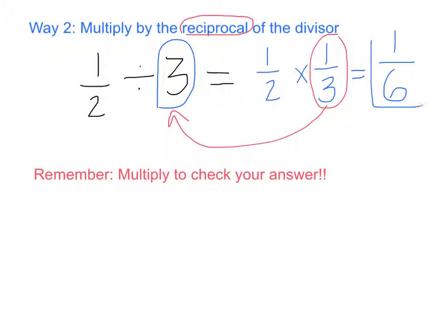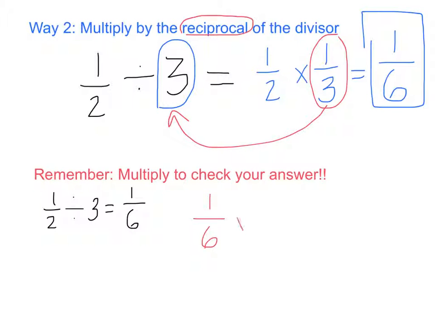Now, remember, it's important that we always multiply to check, because now we know that 1/2 divided by 3 is 1/6, right? That was the answer we got. What multiplication equation can I do to check to see if 1/2 divided by 3 really equals 1/6? 1/6 times 3, which is the same as 3 over 1, right?